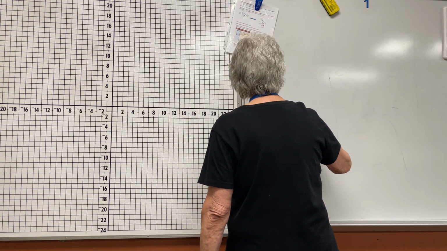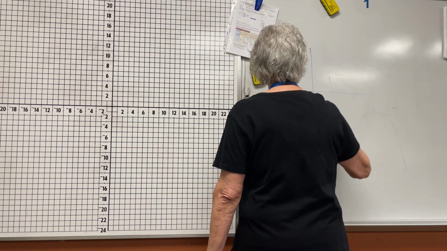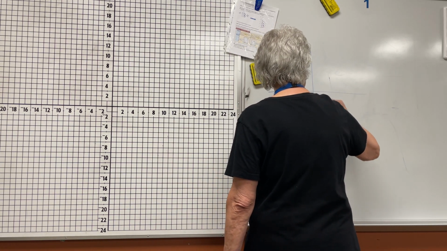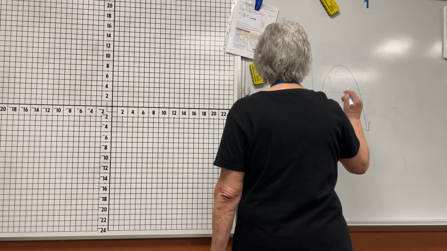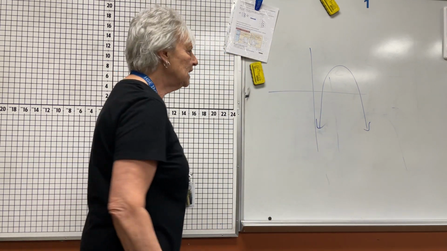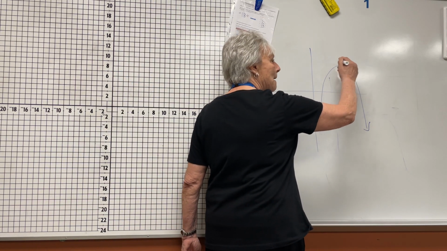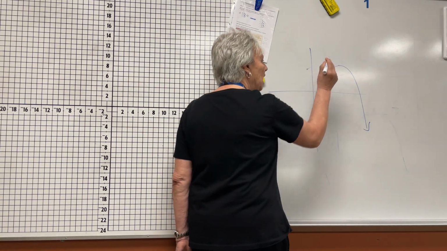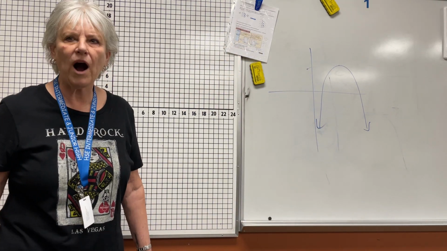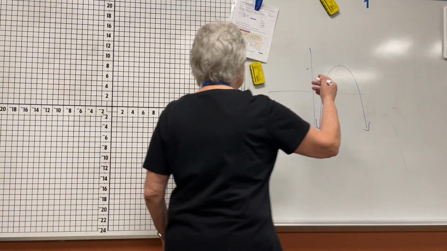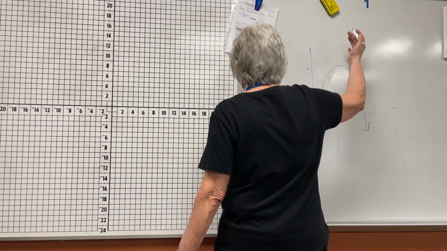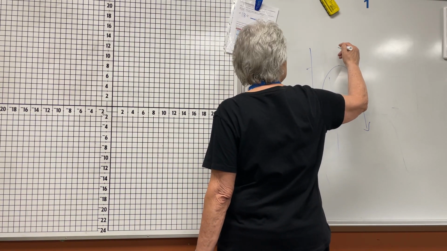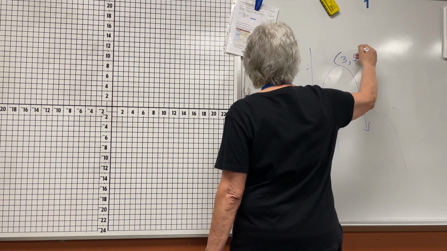All right, so let's take one where we have a parabola that looks upside down. Now it has a maximum value of whatever that y is. So let's say this is 3, 5.